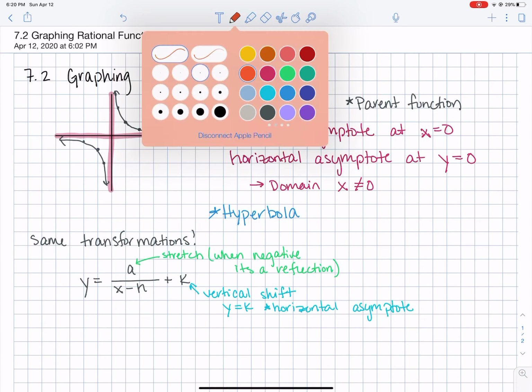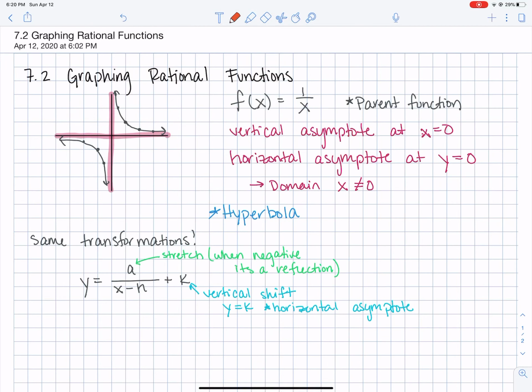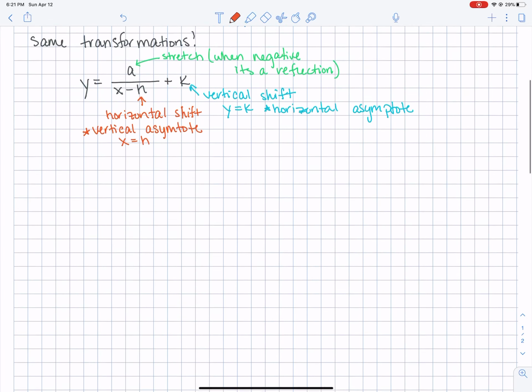And if that is your horizontal asymptote for your vertical shift, this horizontal shift in here is your vertical asymptote. So we have x equals h for your vertical asymptote. So using these transformations, we are actually able to graph some of our functions.